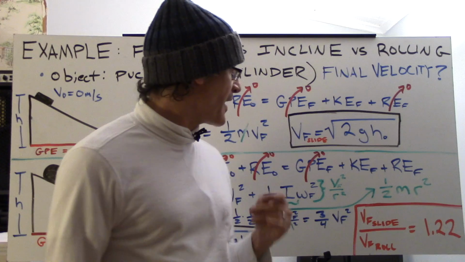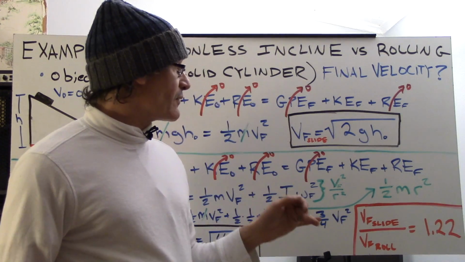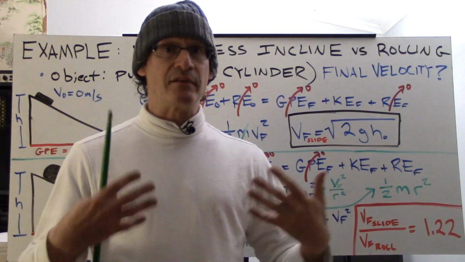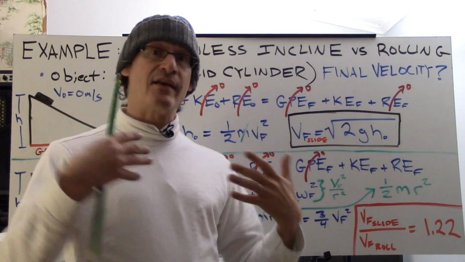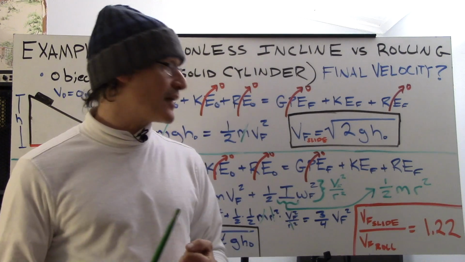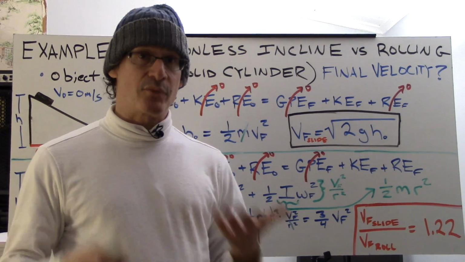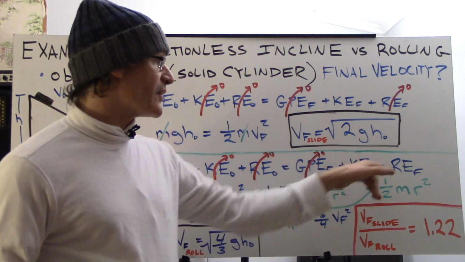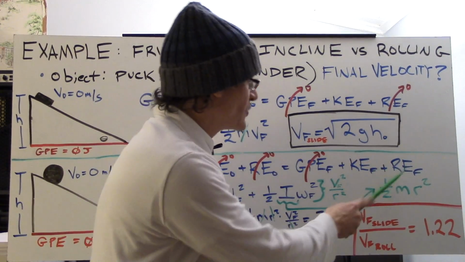We rank them, and by doing that, we recognize that because the energy is shared between linear and rotational, it's going to take a little longer to get down. The velocity is not as fast. And so we saw evidence of that. But now we can explain it because of the energy parts of it, that the energy is being shared by these two terms right there.